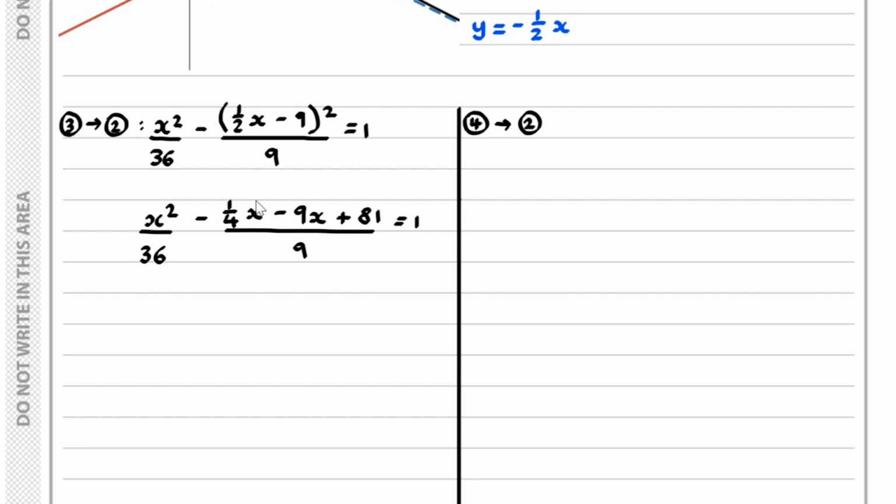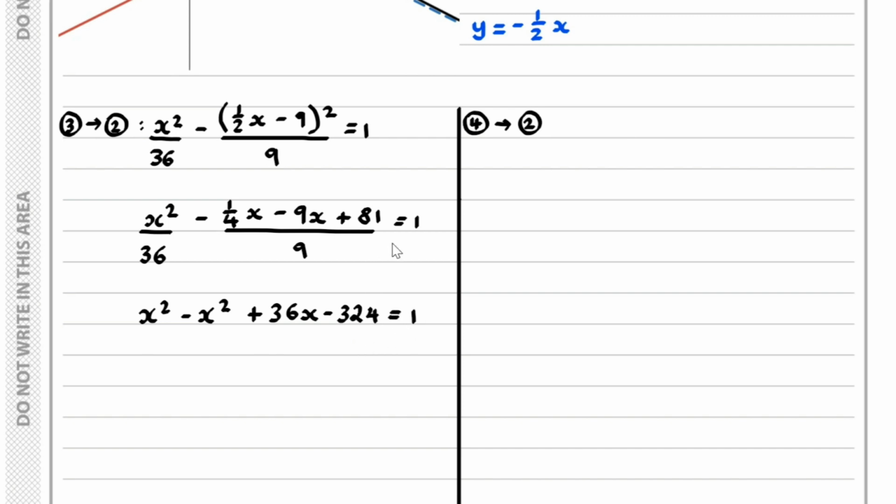Multiplying through by 36, we've got x squared minus, well here we've got 36 times by a ninth, which is 4, and multiplying that by the top line here, we've got minus x squared plus 36x, because the minus and the minus give a plus, and then we've got 4 times by 81, which is 324. Don't forget the minus.